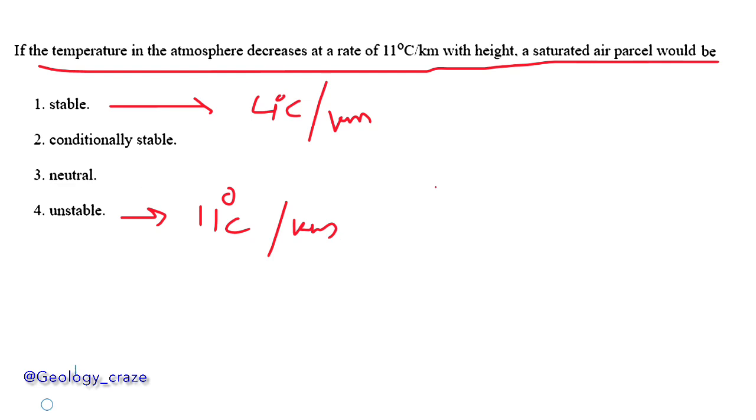There are some other things that I don't want to tell in this video, because this concept needs the whole steps so that a clear picture will be clear. So I will make one diagram and explain it with respect to that. Till then, just remember this. So option 4 is the right option. If it is in between these two, 4 degrees to 11 degrees, we call it conditionally stable or neutral.